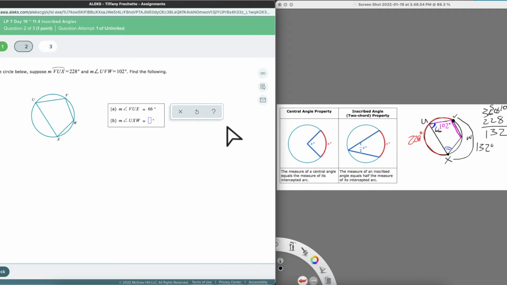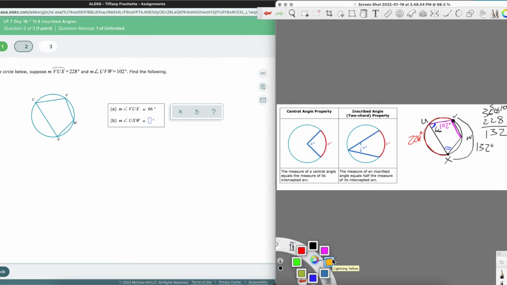Let's see. So now for the second one, our endpoints, I'll do yellow on this one. So for this angle here, I have this endpoint and I have this endpoint. So now I need to think, all right, what can I use here to help me with these pieces?